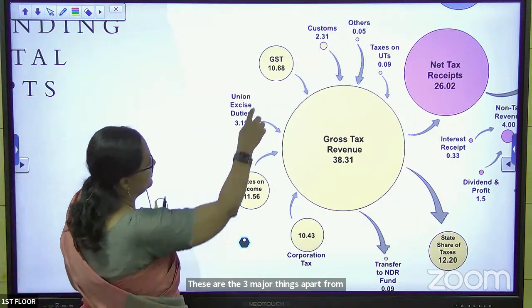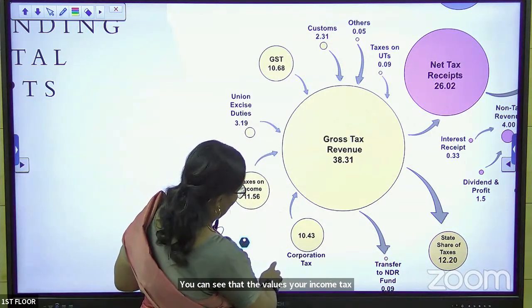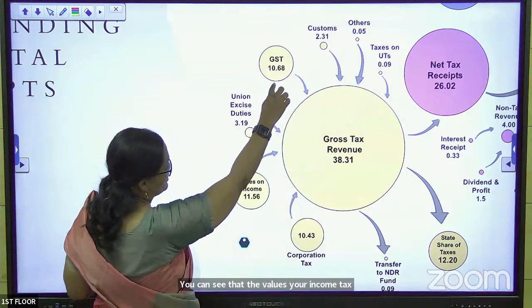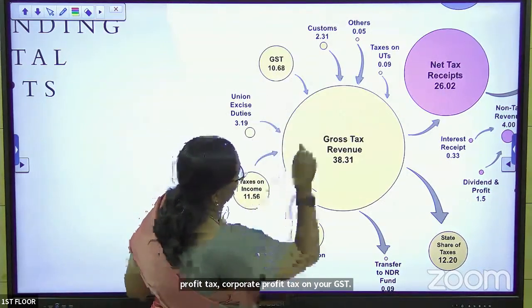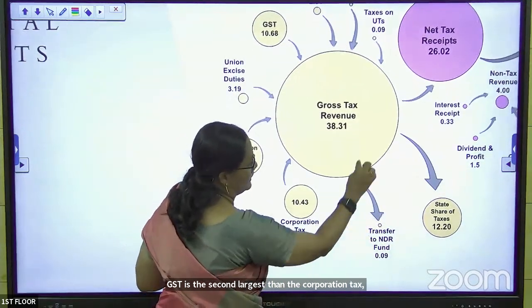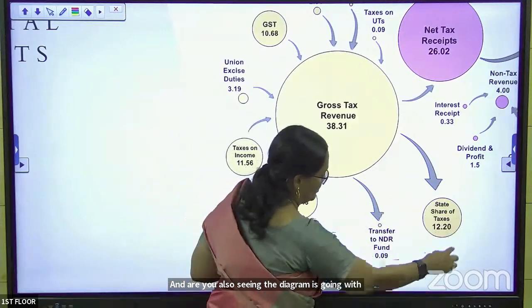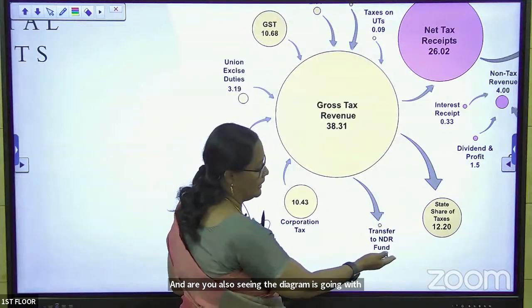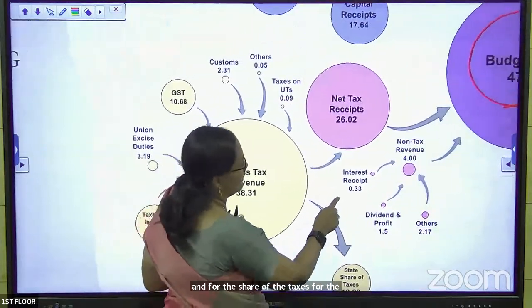You can see the values here: income tax, corporate profit tax, and your GST. GST is the second largest, then the corporation tax, customs duties, all the things we mentioned. And are you also seeing the diagram is going with an outside arrow? This is for the disaster relief fund and for the share of the taxes for the states.